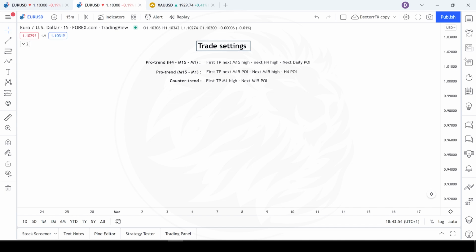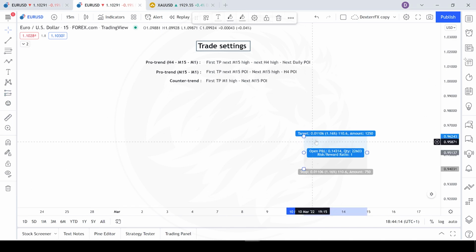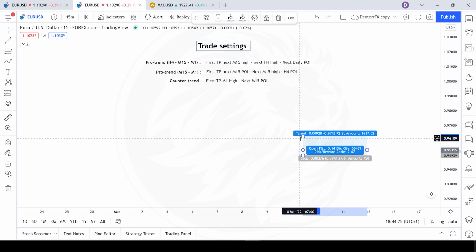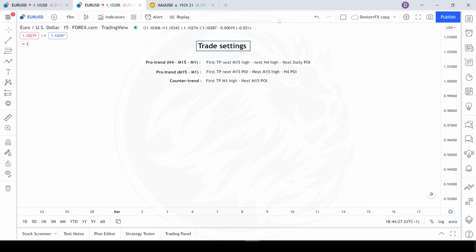So let's get started. Before starting this video, I want to explain that I have some rules with my stop loss. For me, using the 1 minute order block, I always put a 0.5 pip stop loss to let the price breathe. But in a buy position, I will put a 0.3 pip stop loss below my order block and 0.2 pip stop loss at my entry, because this is my spread. When you take a buy, the price doesn't take your entry at the price.